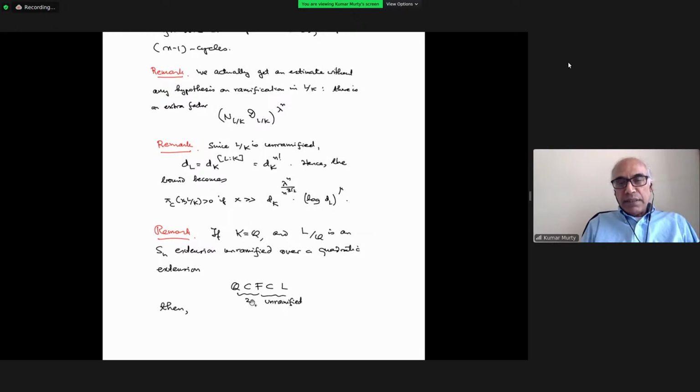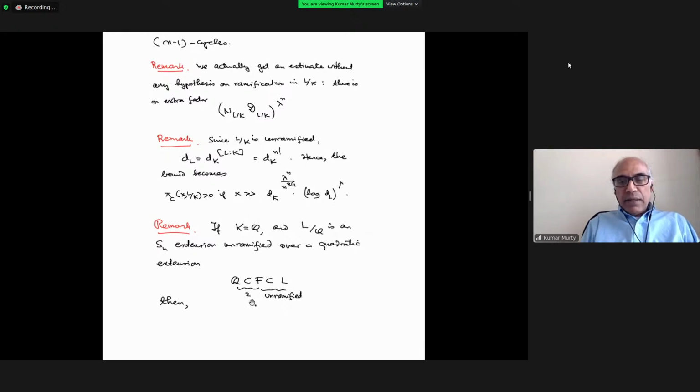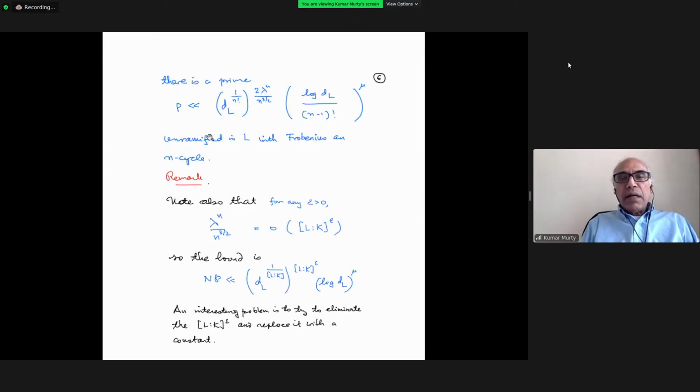Such things do exist, they've been constructed. In that case, you get a similar theorem that is again root discriminant to a similar kind of power. And now you actually save something on the bottom of the logarithmic term as well. Again for an n cycle.